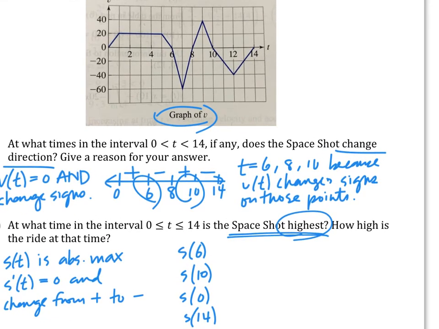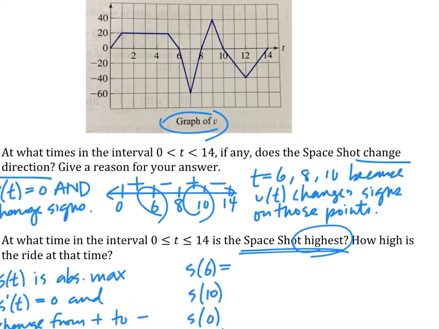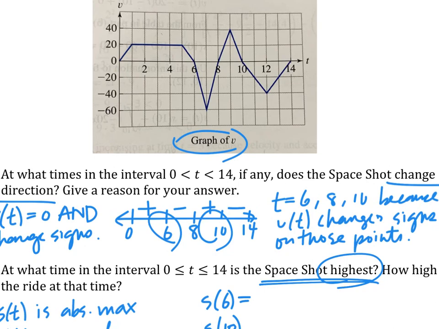All right, so S of 6. S of 6 is this whole area underneath. Now, please be careful because this increment is 20 and not 1. So when you find the area, you have to make sure you multiply by the correct increment.